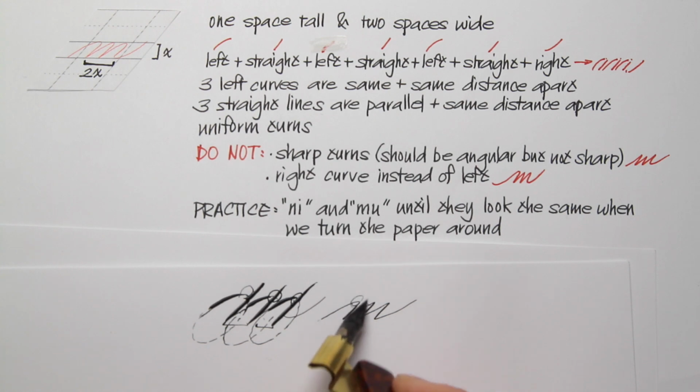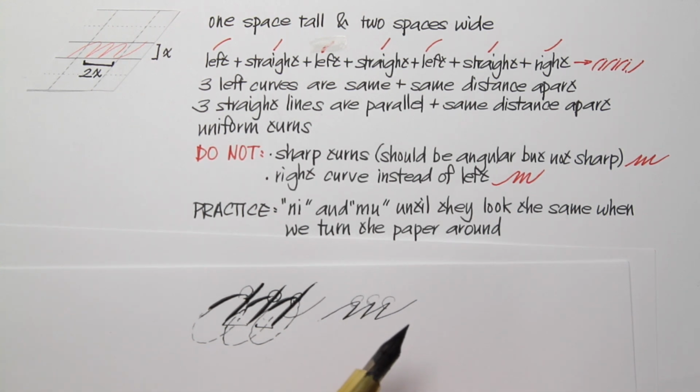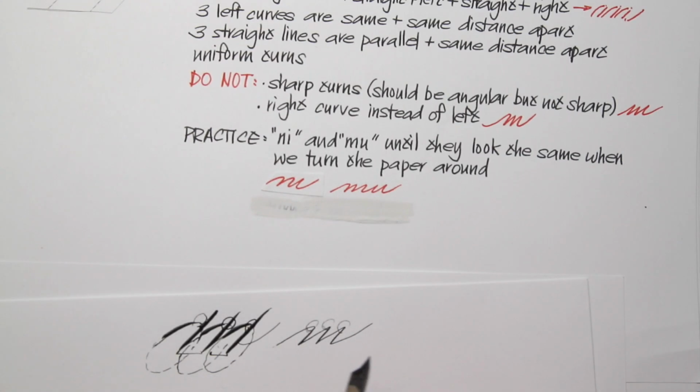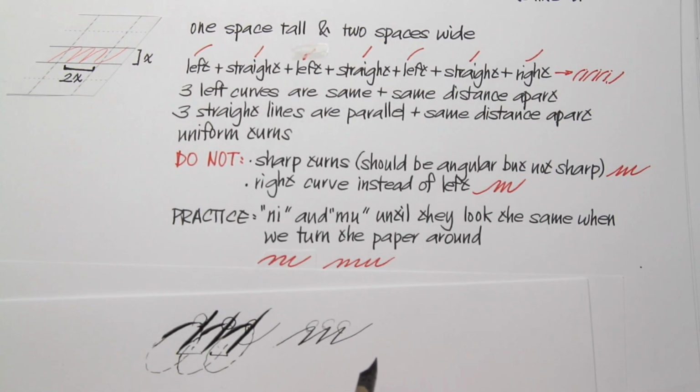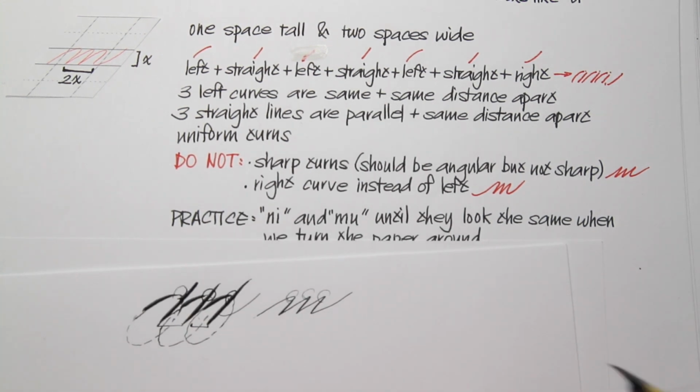You don't want sharpness. And study carefully whether it's the left curve or the right curve beginning the letter. I would encourage you to practice in these groups because Spencer grouped them together for a reason. They have similarities that, when you practice, can help you with the other letters in these groups. A good way to practice your N and M and train your consistency is to write NI and MU.